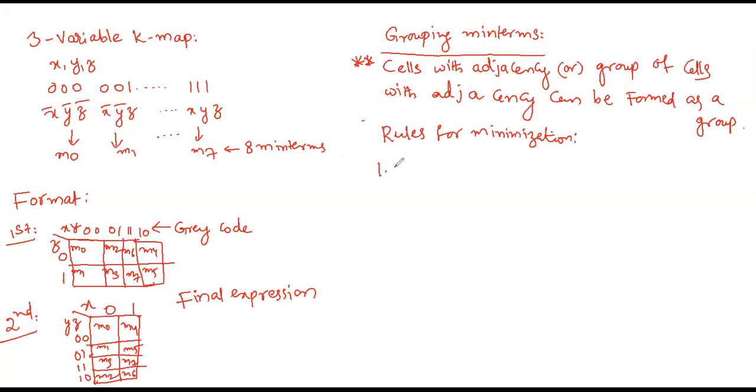The first two rules are the same as two variable K-map. We should not leave any minterm from the grouping. So each minterm should be part of the grouping.